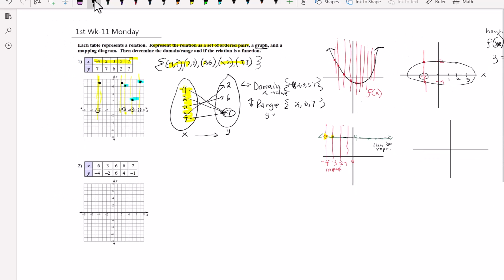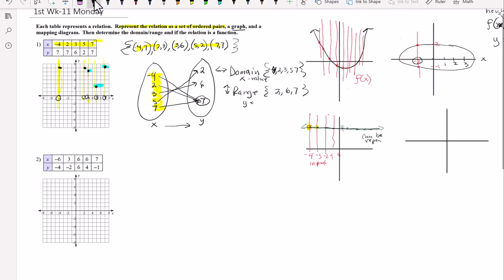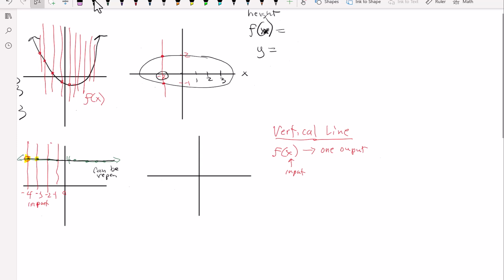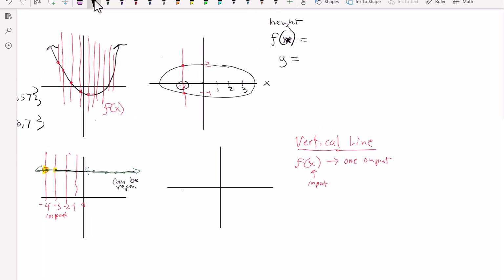I think I probably don't have to do the second one. You do it just like this. But the bigger idea is explaining the idea of a function, no repeating x values, and please, when you're talking about functions, explain that every time you see f of x equals, you're looking for the height at a given x value.